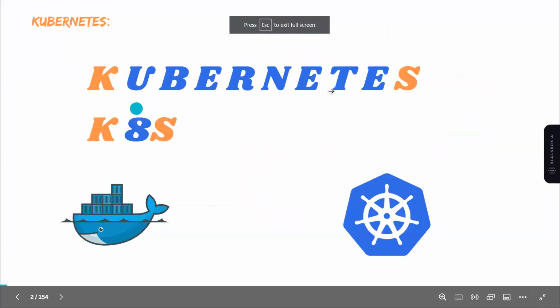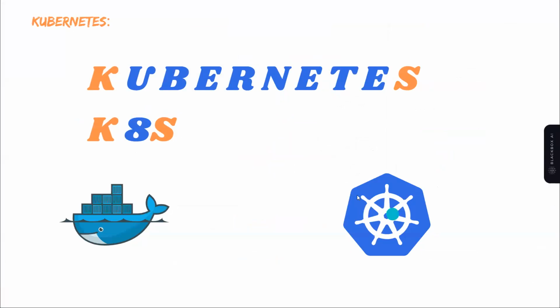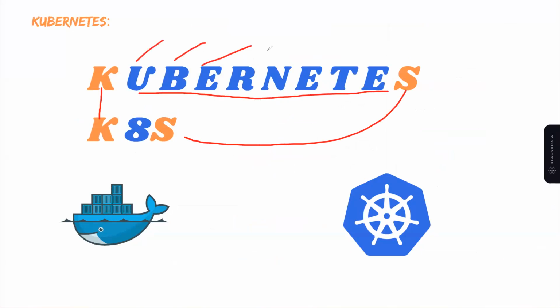The spelling is Kubernetes and the shortcut is K8s. Why? Because the first letter and last letter are K and S. In the middle, are you seeing 8 letters? 1, 2, 3, 4, 5, 6, 7, 8. This is the shortcut of Kubernetes. Basically, we need to call it Kubernetes, but the shortcut is also called K8s.